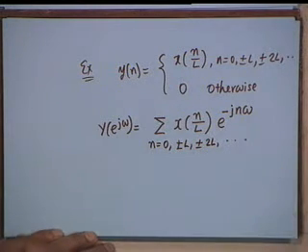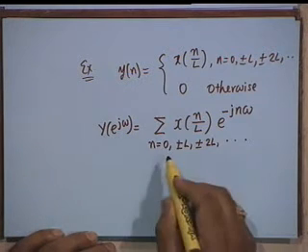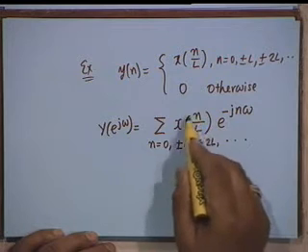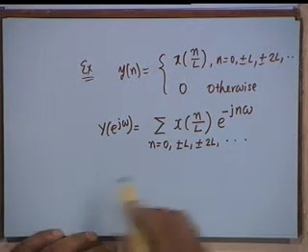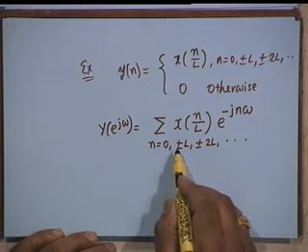It of course goes to infinity, but only at discrete values of n is the sequence non-zero. We are not taking the in-between samples, all right.